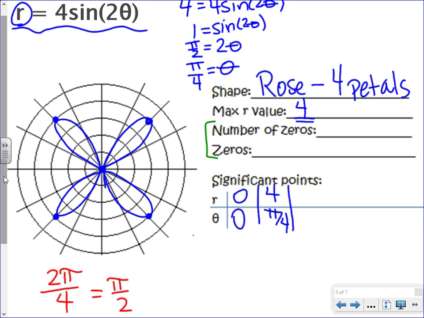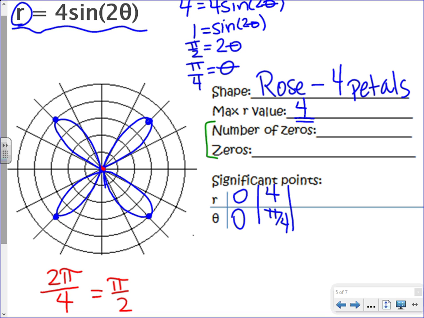Okay? We plugged in 0. We got a value of 0. So then we had to do some math to figure out where that first petal is. From there, I don't care about the other significant points. We just use symmetry to draw this. Now, we started our rose curve here, and then we drew 1, 2, 3, 4 petals.